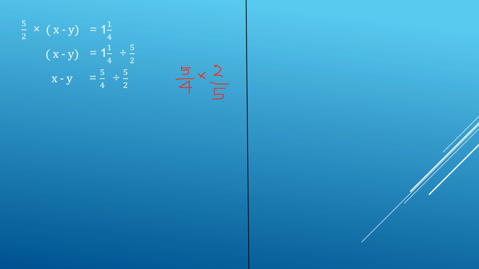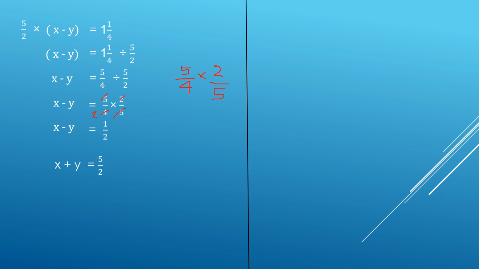Isn't it? So what we get? x minus y will be 1 by 4 into 2 by 5, that is, x minus y will be 1 by 2. Good. Why? This 5 and this 5 get cancelled. And this 2 and this 4 get cancelled. The remaining is 2. So we got x minus y equal to 1 by 2.